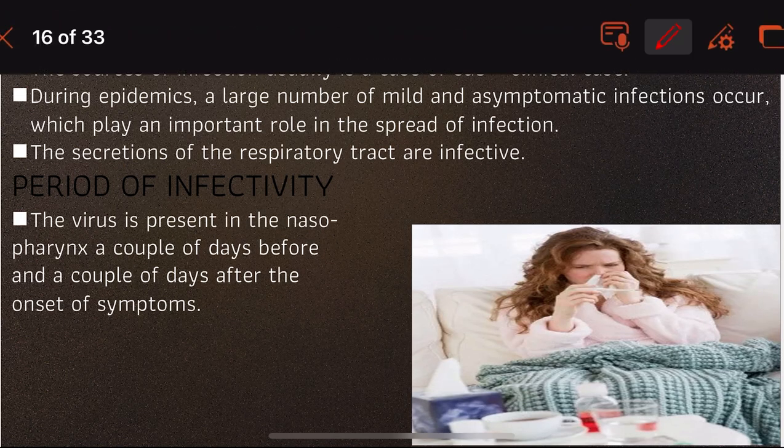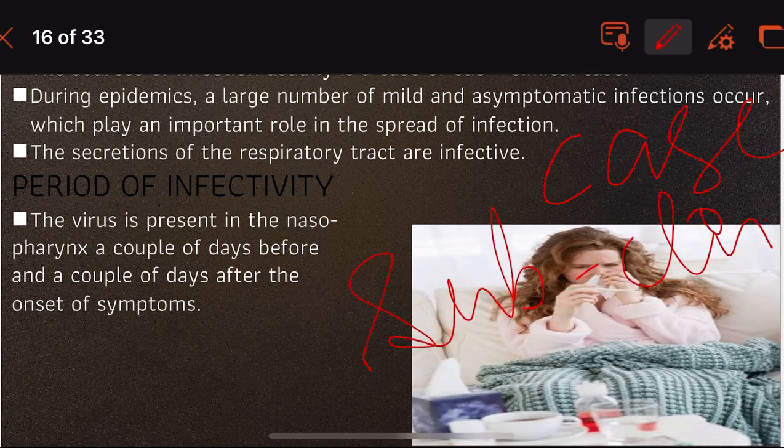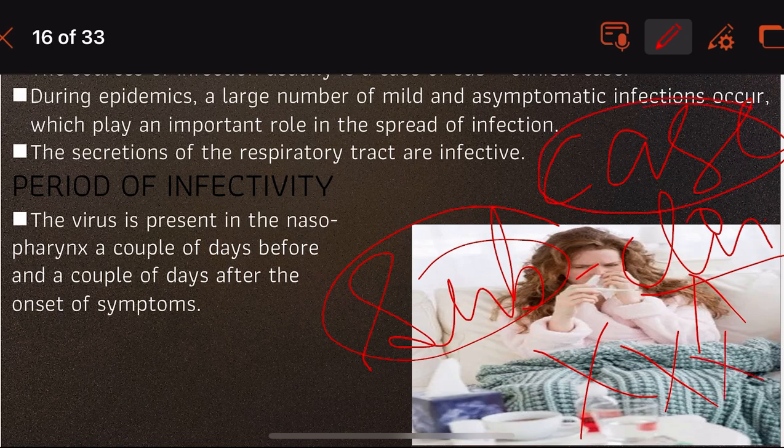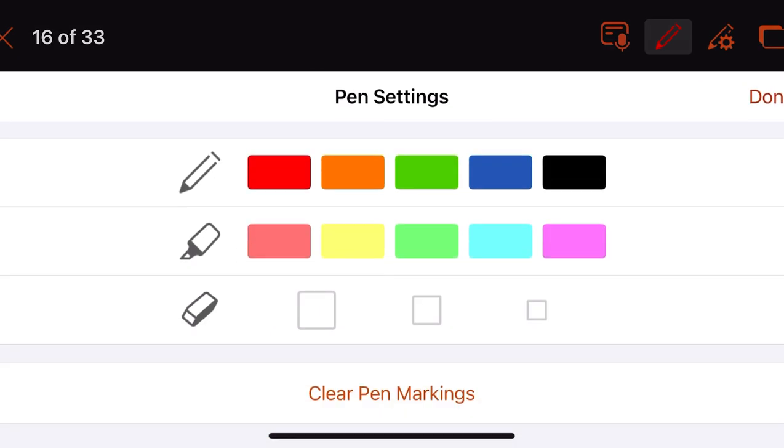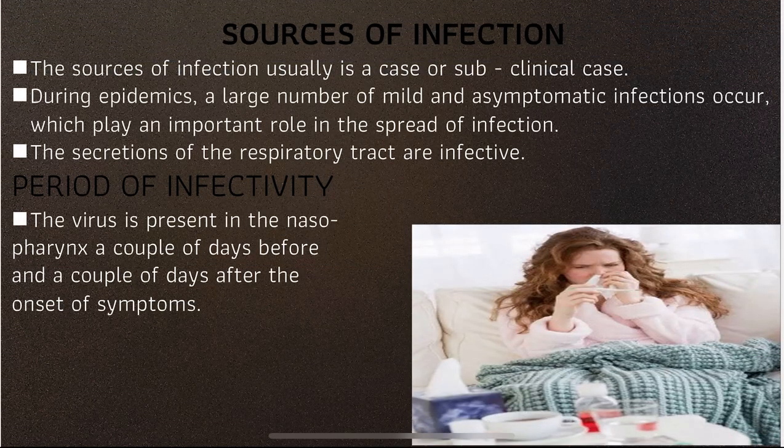How do we differentiate between a case and a subclinical case? Subclinical, what does it mean? Clinical refers to signs and symptoms. In subclinical, there are no noticeable symptoms, whereas in a case, there are evident clinical symptoms.